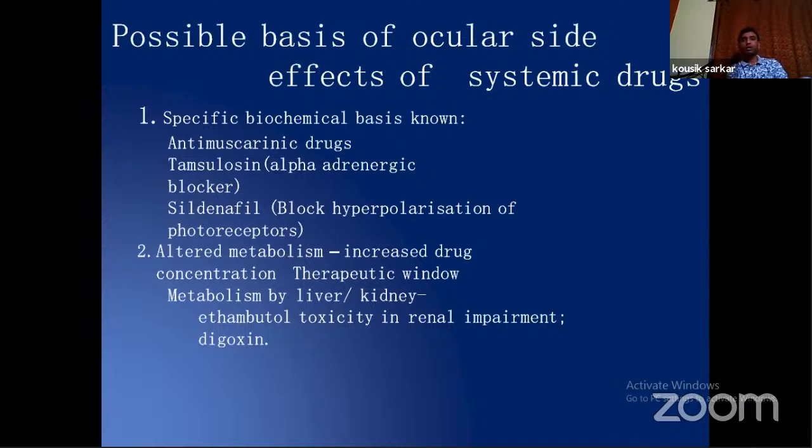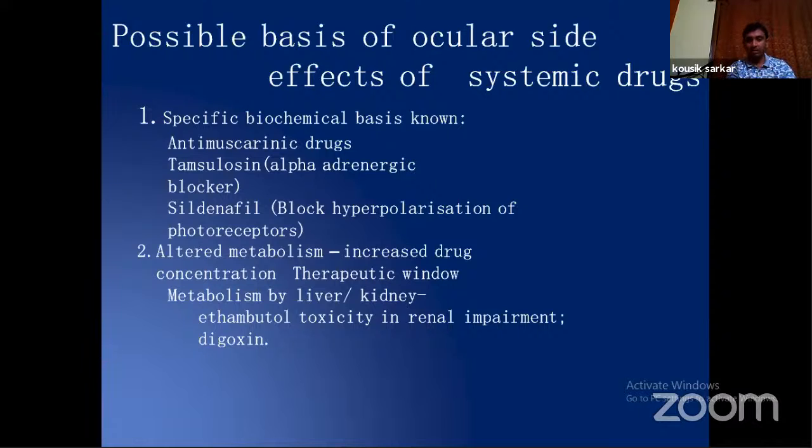Now, the basis of ocular side effects of systemic drugs. Some drugs have a specific biochemical basis inside the ocular tissue, like antimuscarinic drugs, alpha-adrenergic blockers like tamsulosin, and PDE5 inhibitors like sildenafil.